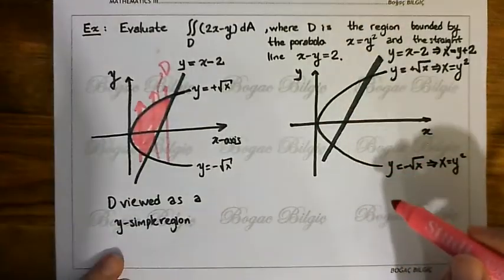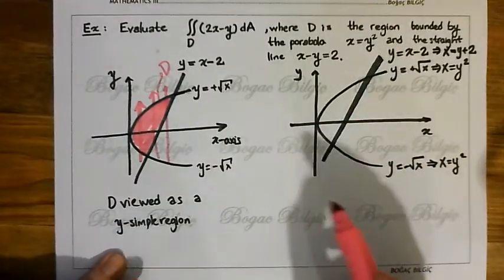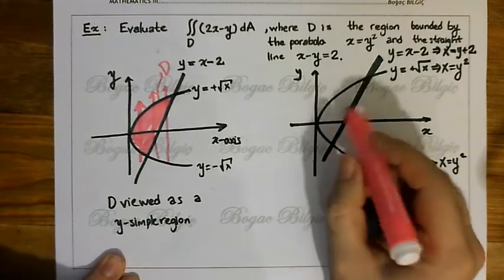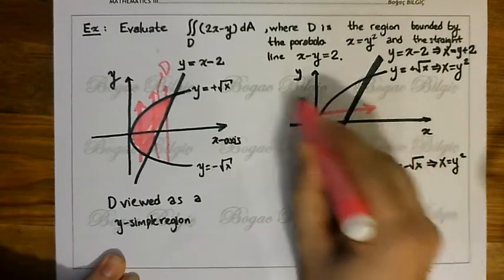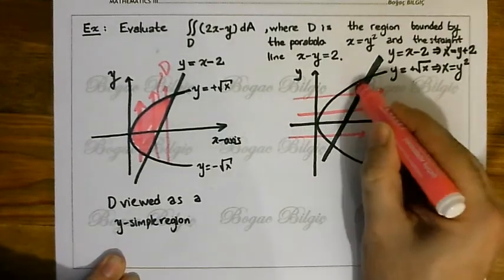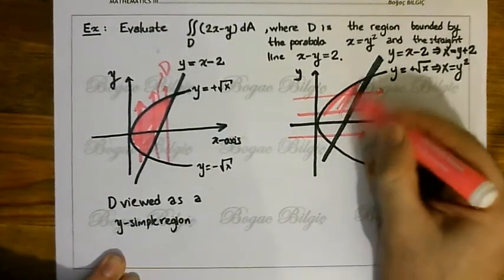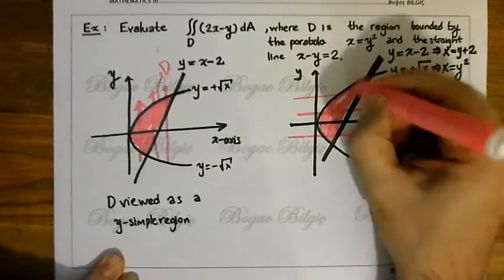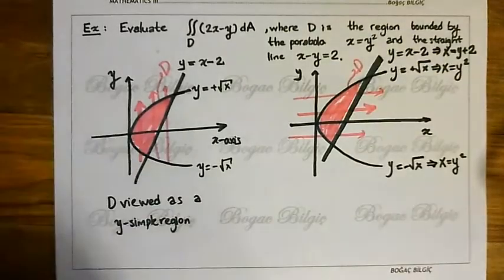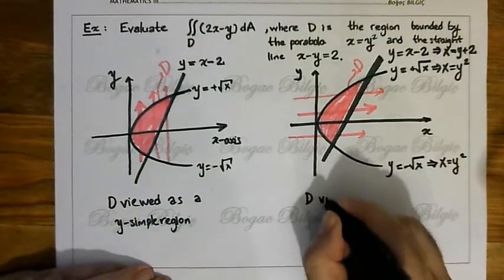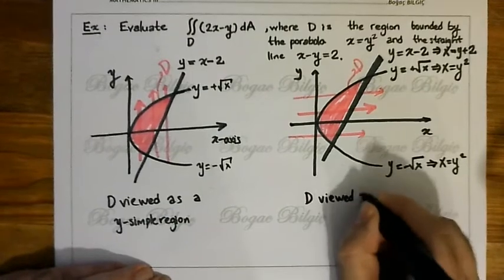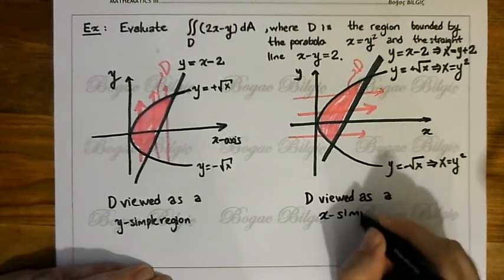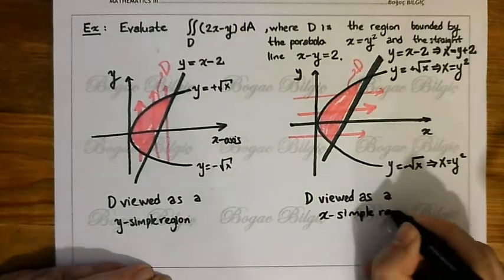The area is the same, but this time D viewed as an x simple region. X simple region. This area. D viewed as an x simple region.